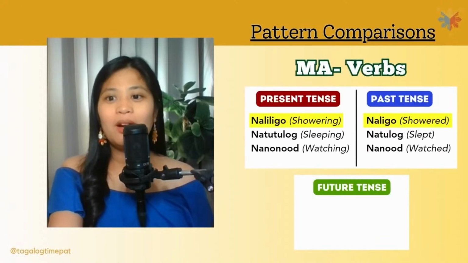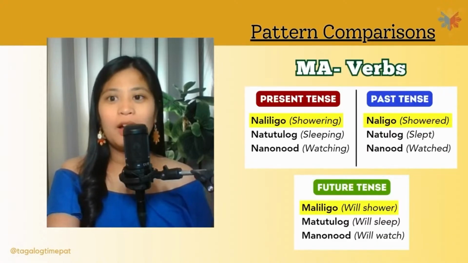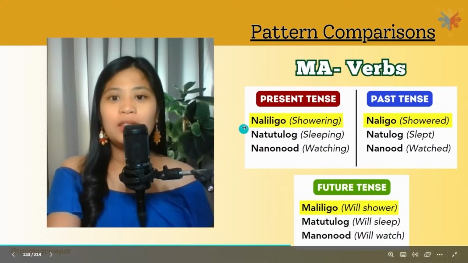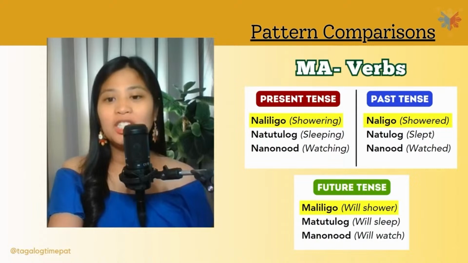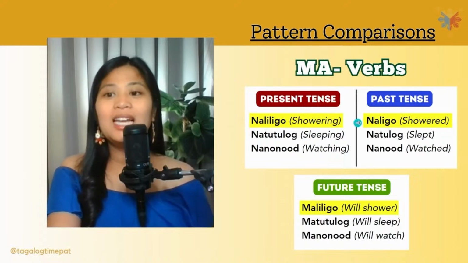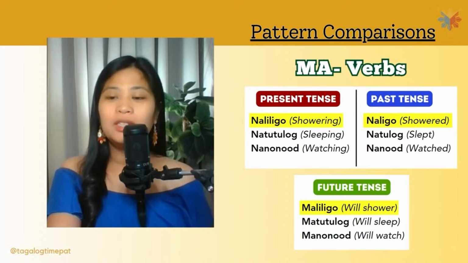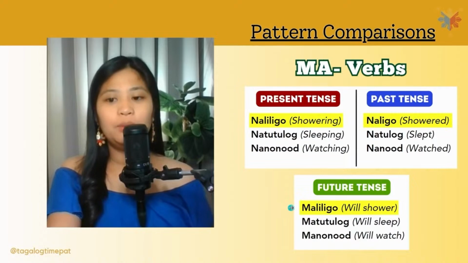Now let's compare all of the tenses together for ma-verbs. Let's just take a look at the highlighted ones. Maligo means to shower. In the present tense, it's naliligo ako. Showering, taking a shower. In the past tense, it's naligo, showered. In the future tense, it's maliligo. Maliligo ako.